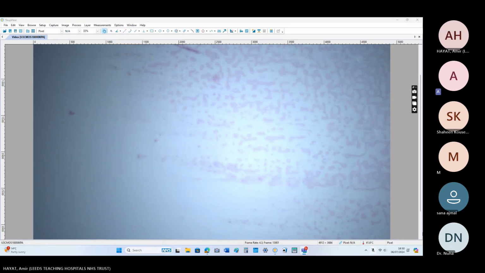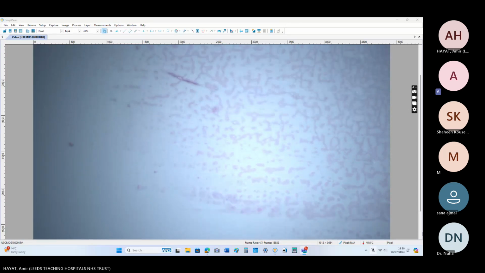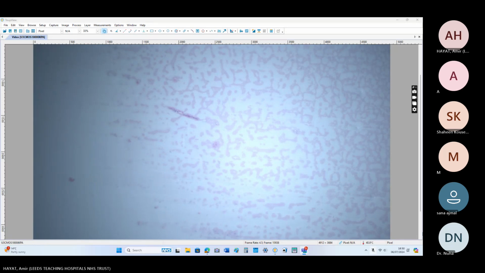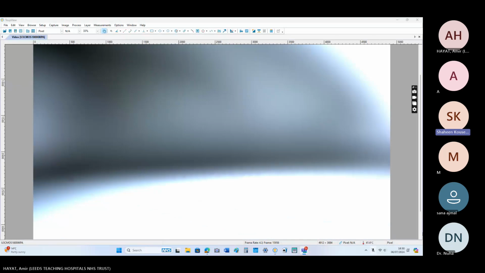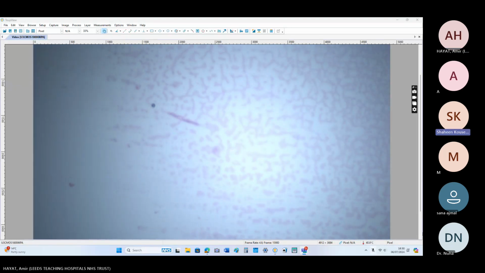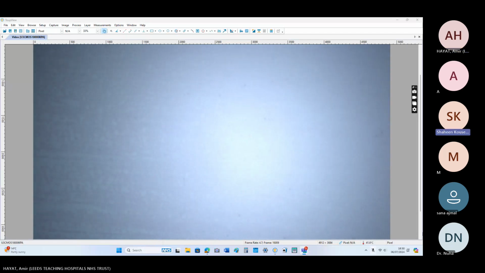So with eosinophilia, we can think of parasitic infection, especially with the recent travel history. And what else? Drugs and allergy.